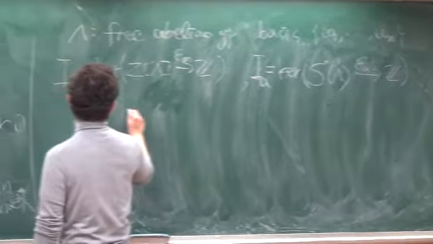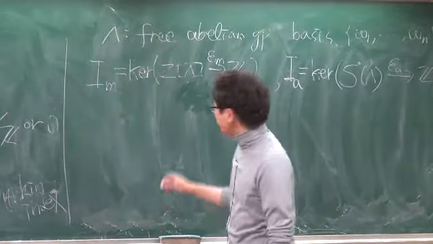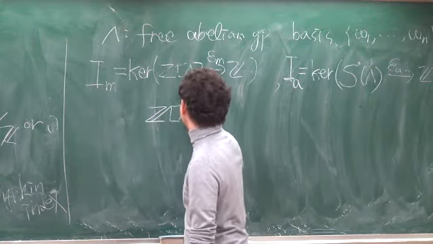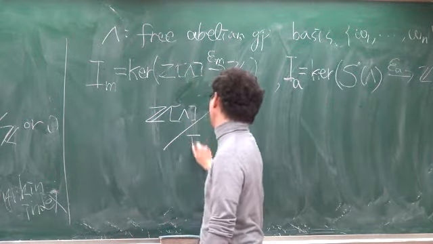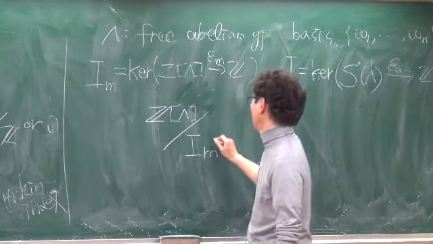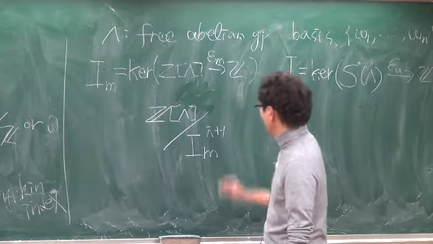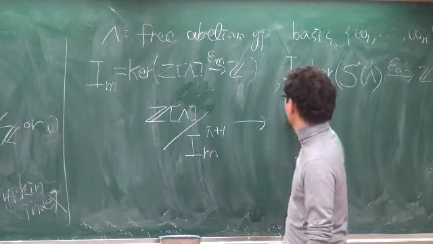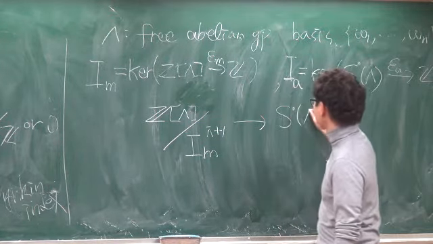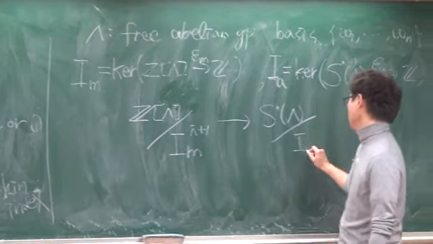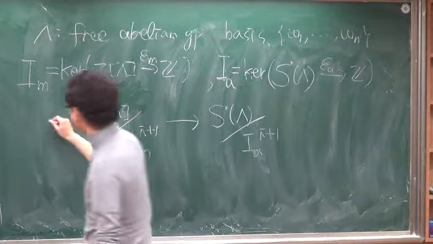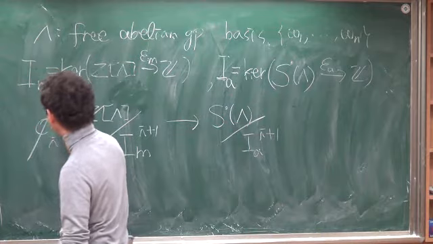Then there is a ring isomorphism between the quotient of the group ring and the symmetric algebra, which we denote by Pi.